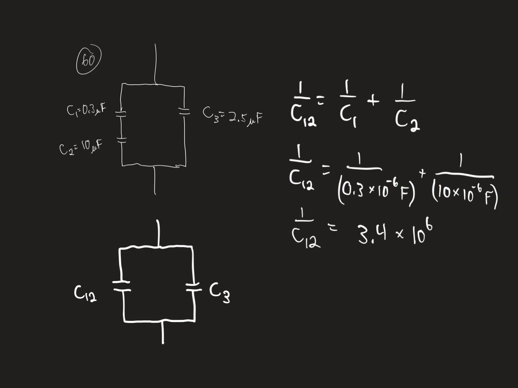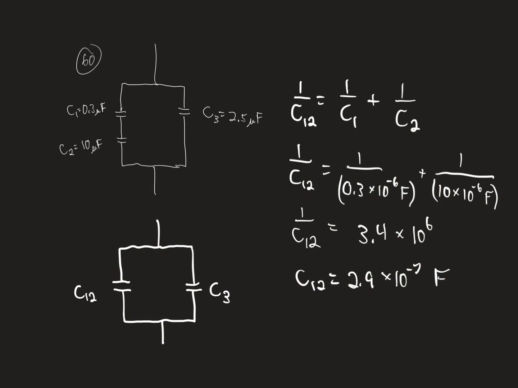We need to flip this to get what C12 is. We take the reciprocal, and we will find that C12 is equal to, cheap calculator says, 2.9 times 10 to the negative 7 farads.